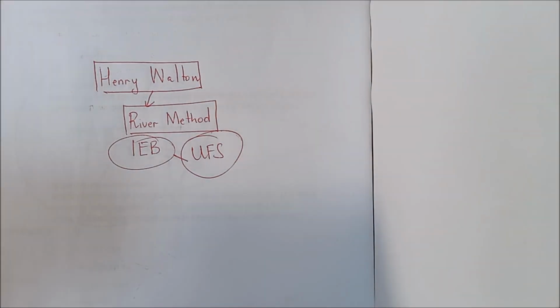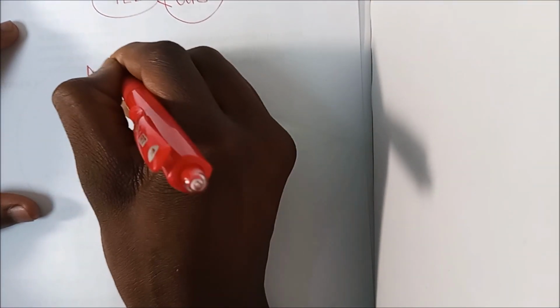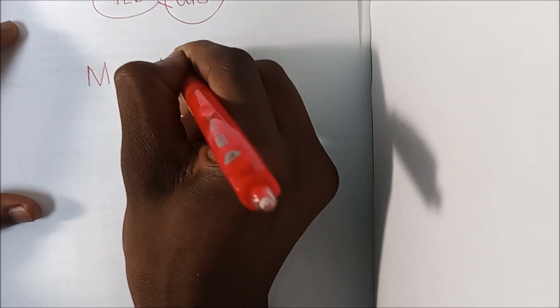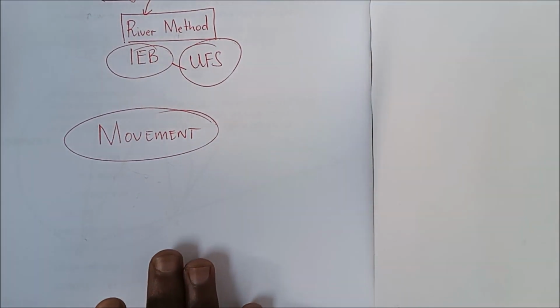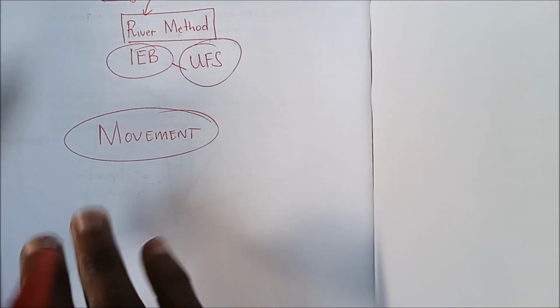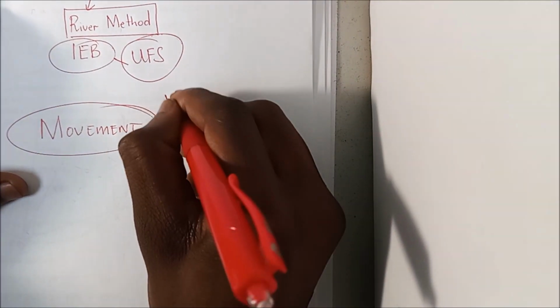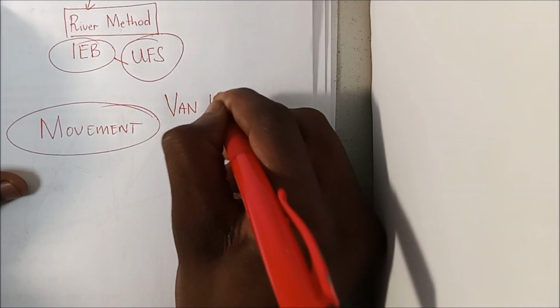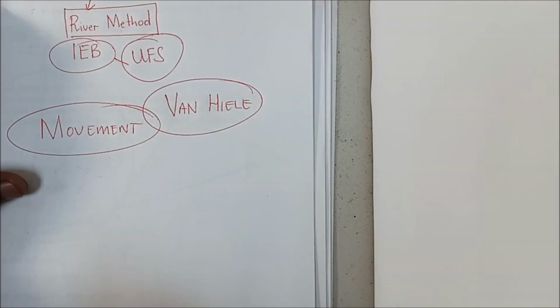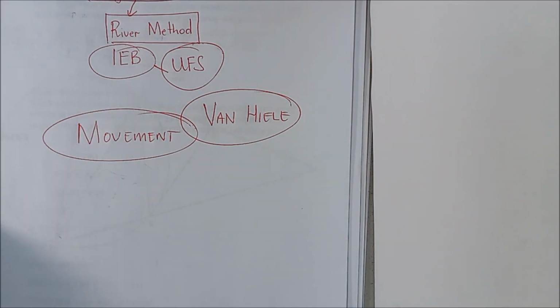Mr. Henry Walton referred to Euclidean geometry as movement. And coming to master Euclidean geometry, as proposed by one of the mathematics education researchers, Van Hiele, the guy who came up with 5 levels of learning geometry.